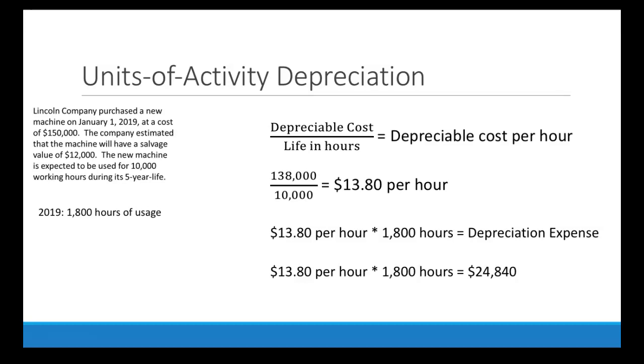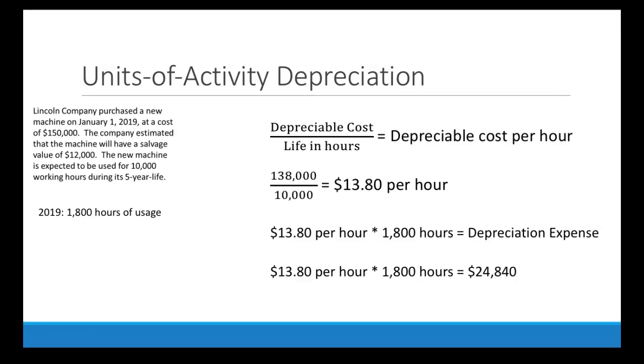Now, let's go back and talk about if we had purchased this on December 1st. If we had purchased this on December 1st, we would not multiply that 24,000 by 1 over 12. We only do that under the straight line and the declining balance method.